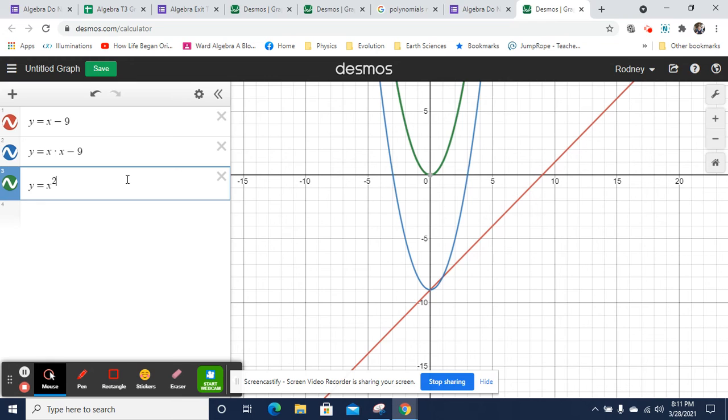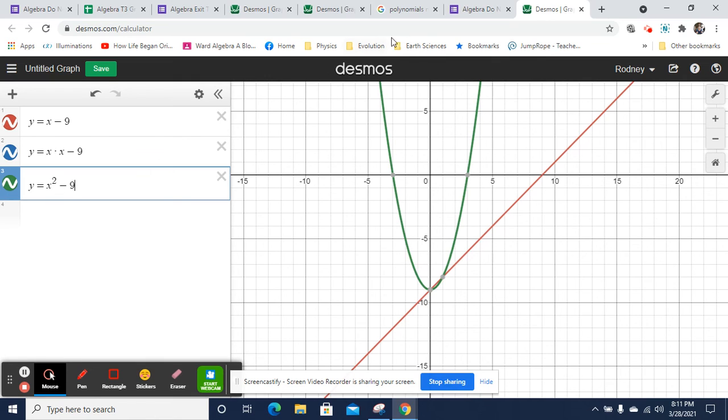And then I move my arrow key over 1, and I say minus 9. And that is the same dang thing. That's the same equation. Now, this equation is the product of two linear equations. And we'll get into some other ways that we can express that as the product of two linear equations later.